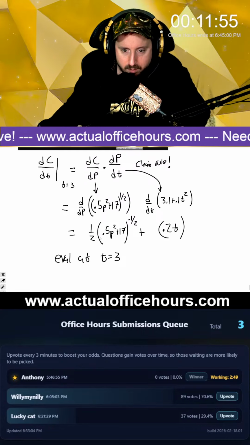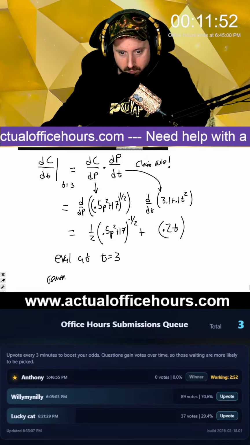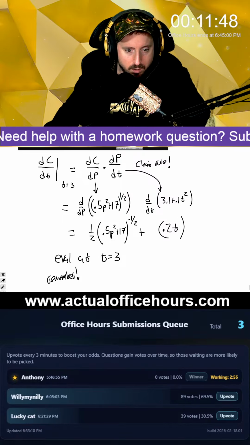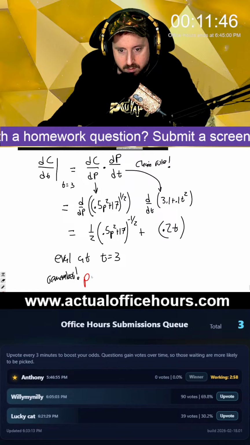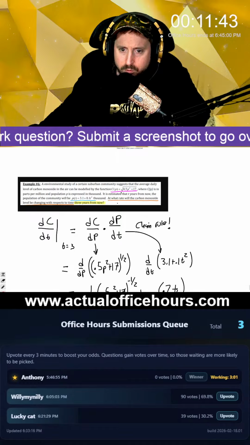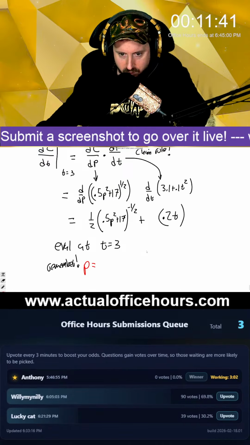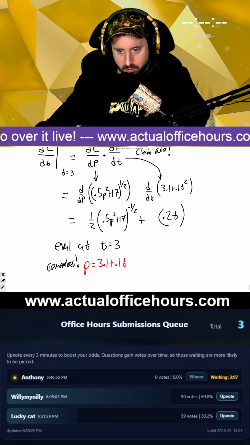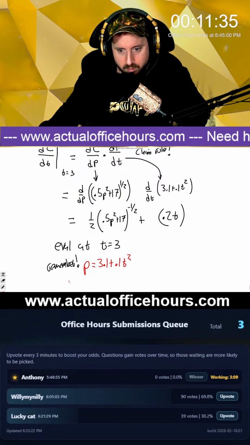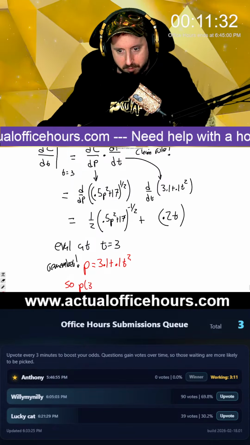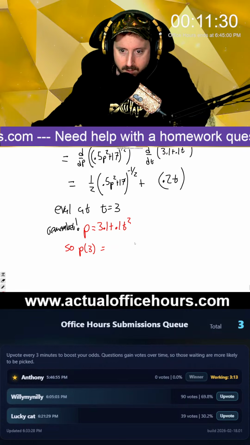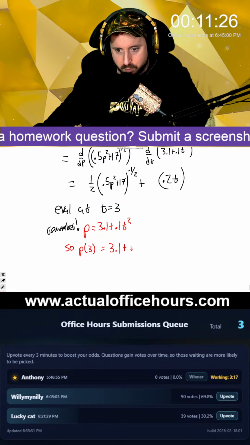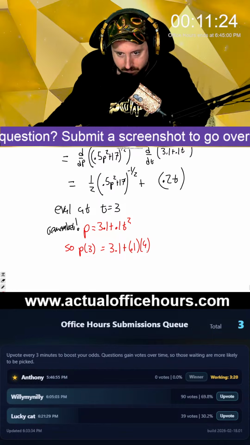But then also remember that p was equal to 3.1 plus 0.1t squared. So p of 3 is equal to 3.1 plus 0.1 times 9.